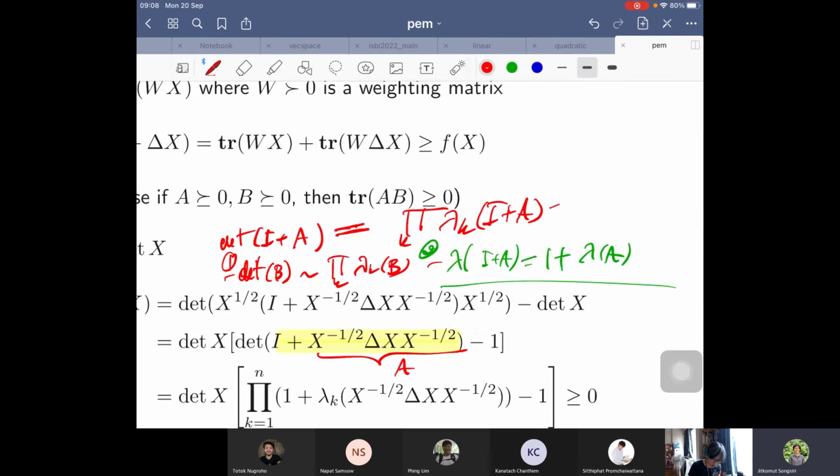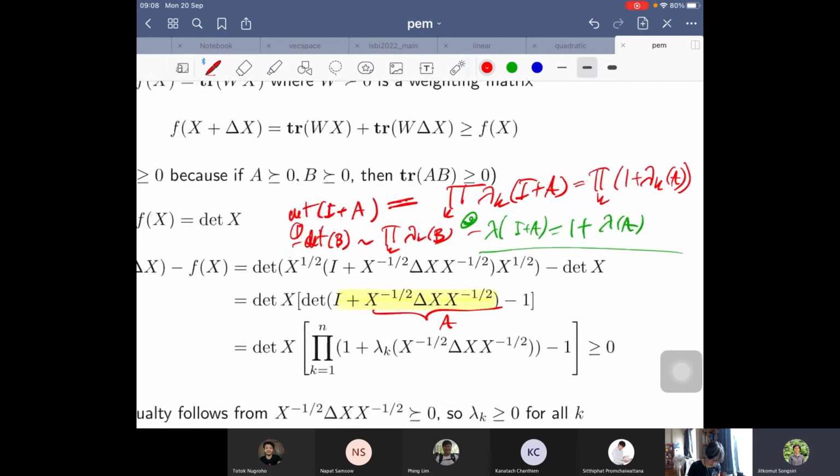But lambda of I plus A is 1 plus lambda of A. Now that's why we end up with the yellow term. The determinant of the matrix in the yellow area is the product of 1 plus eigenvalues of A.